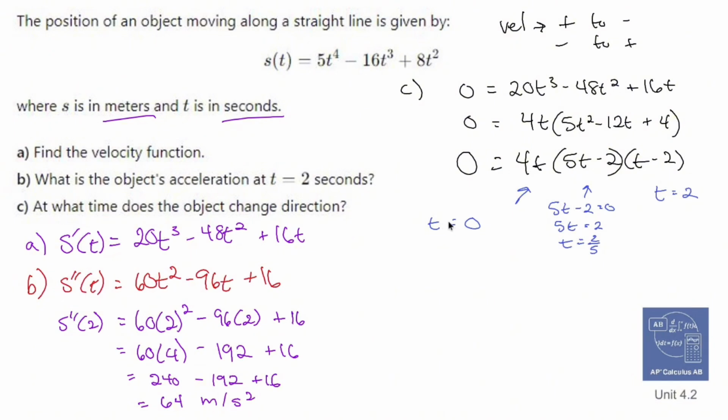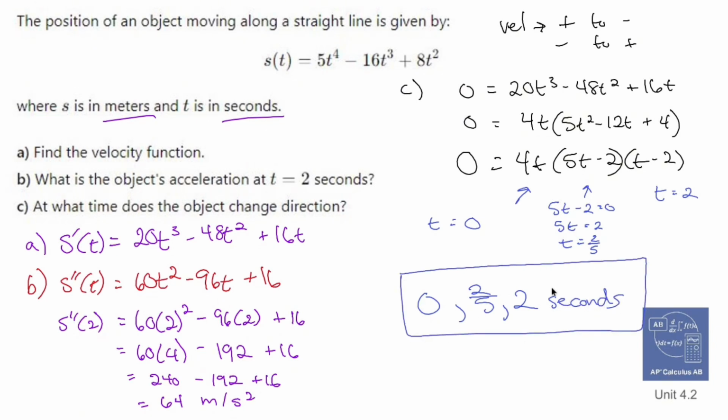I don't feel right saying at the beginning, but I'm going to say it anyway because it's a possibility, it's an option. It changes direction at 0, so I guess technically you're fine. But my seconds are going to be 0, 2/5, and 2 seconds. Of course, that's not in order, but who cares?